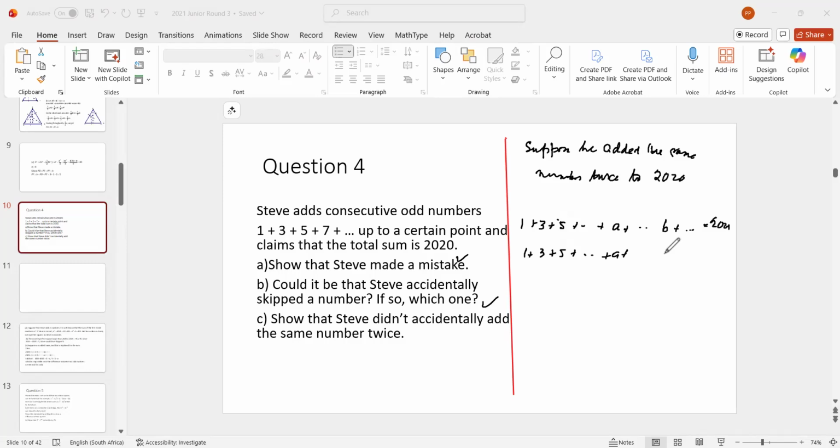And in place of B, he put A. He replaced it by something else. So that is 2020. That's how you got the wrong answer. Right. Now they're asking, is it possible that he has got the same number twice? Okay, and we are saying, suppose it is, now we can subtract these two.